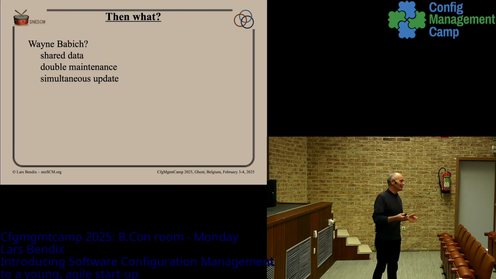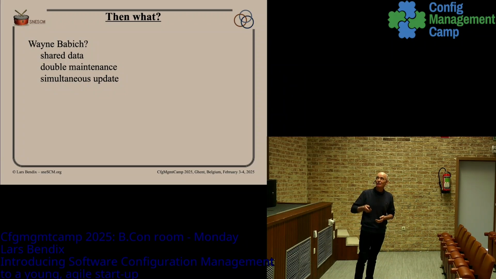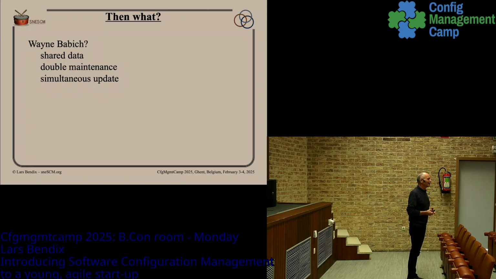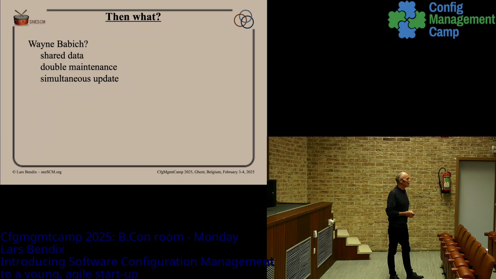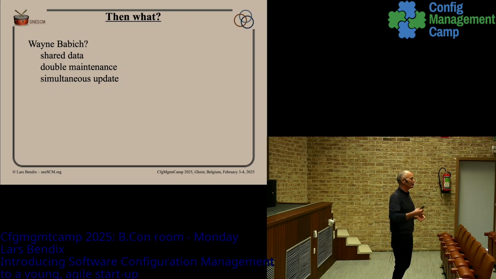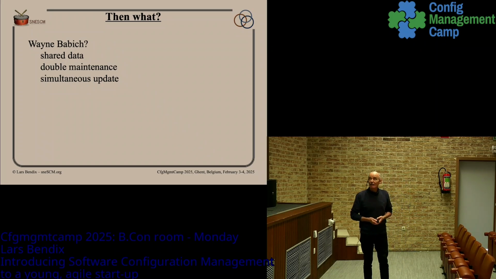So if it isn't Git, then definitely it must be Wayne Babbage. Well, still, it's a little bit early. So they still haven't got to the coding phase. So it's not Wayne Babbage, not now, a little bit later on this.